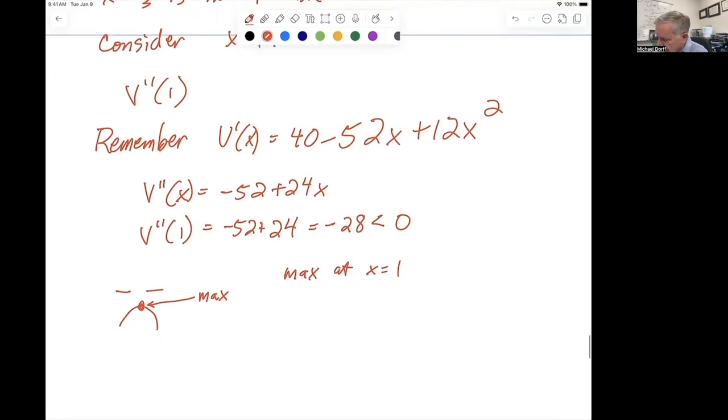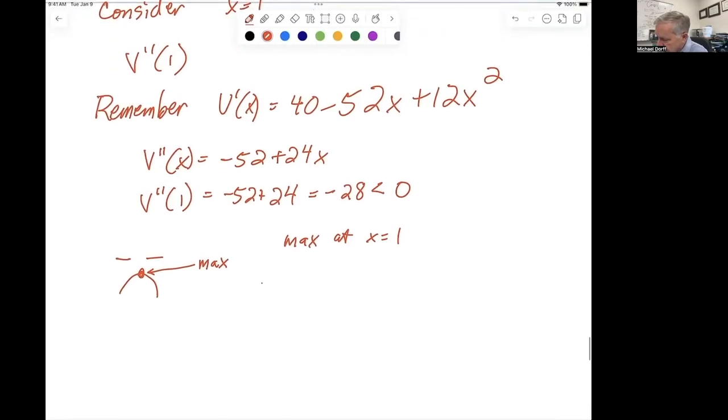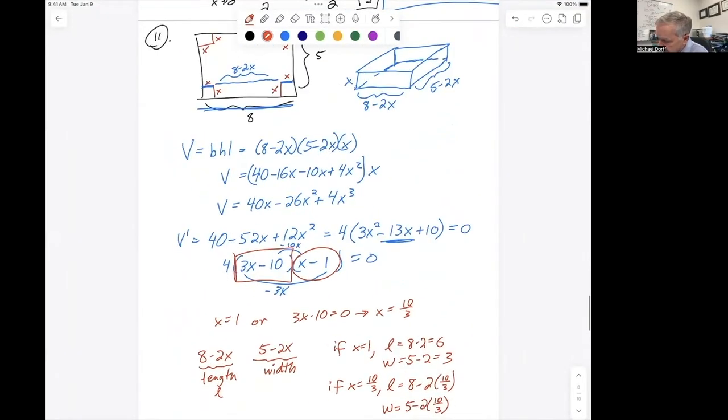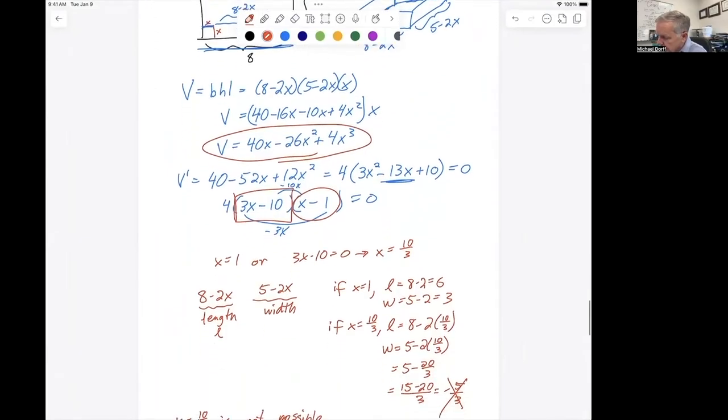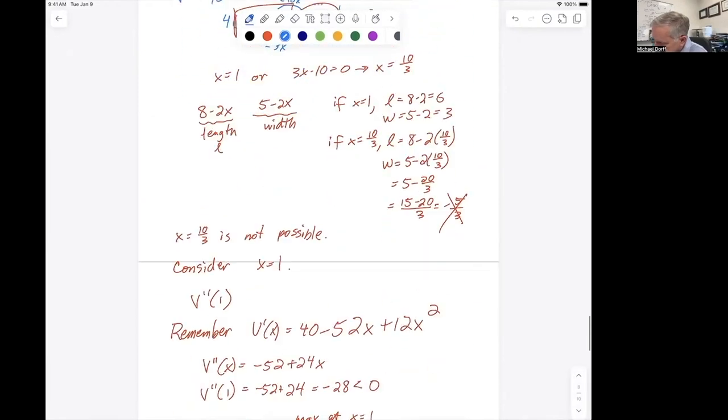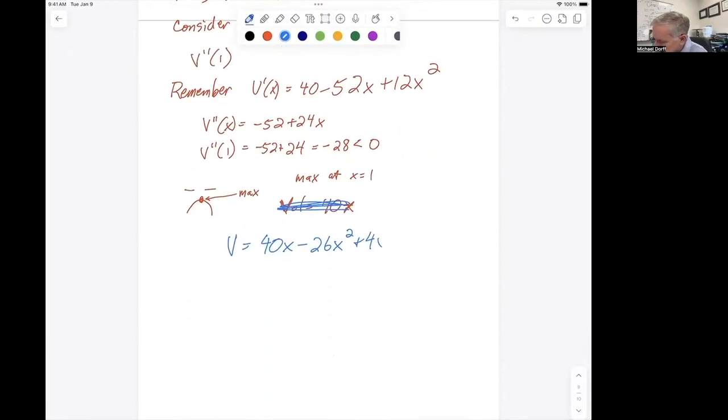And the question says, find the largest volume. All right, so what is the volume again? The volume formula, going back up here, let me just redo this over here. So volume is 40x minus 26x squared, I believe, plus 4x cubed.